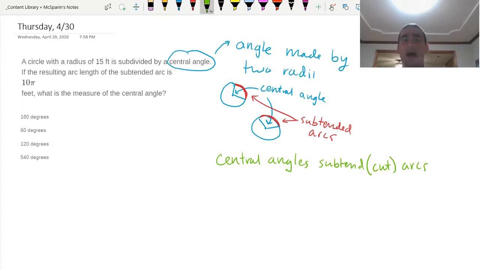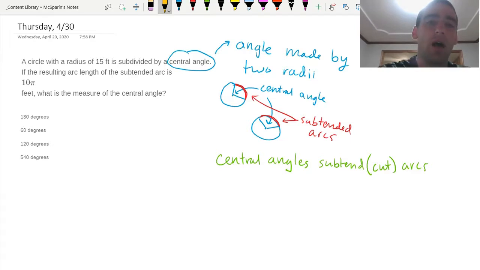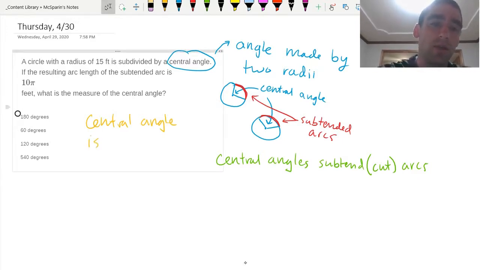Now, there's an important set of relationships here, and what I want you to notice is something really important. So let's talk about a central angle. A central angle is part of a whole.